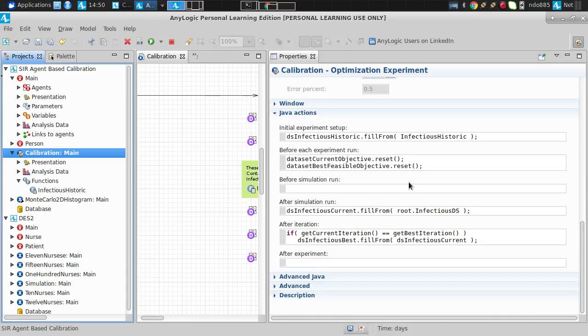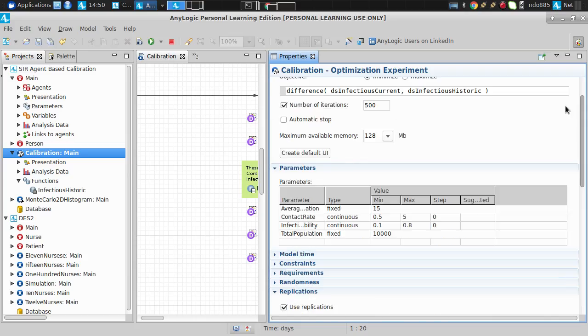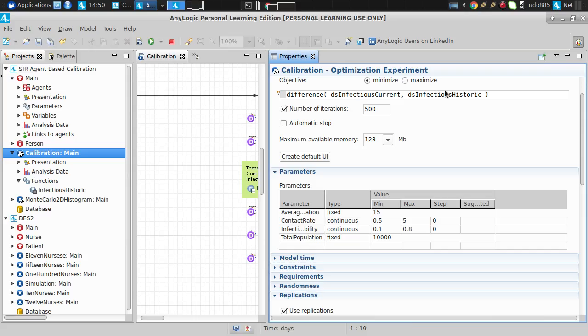You're getting the data from the historic into this data set, and you're getting the data from main before main disappears, before it vamooshes. You're extracting it and putting it into this data set, and that's what allows you to compare the two.